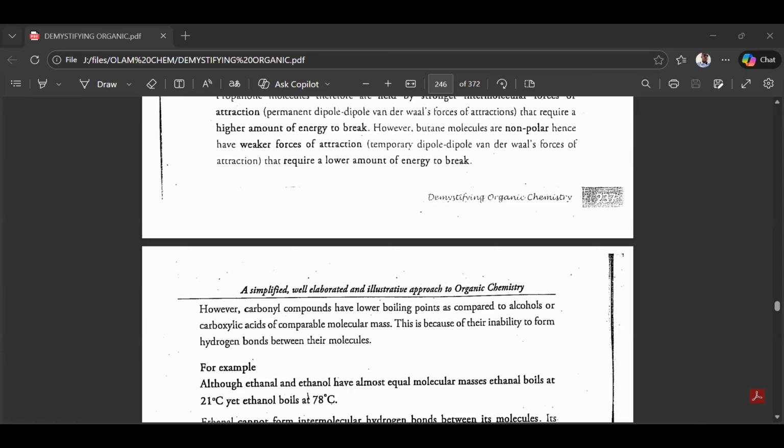Then the fifth one is 2-bromo-4-hydroxyhexan-3-one.